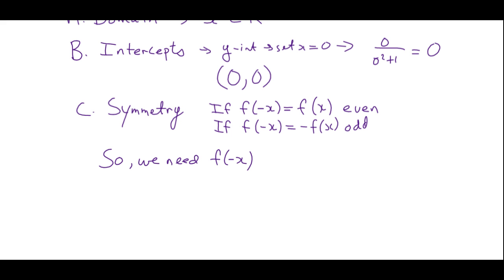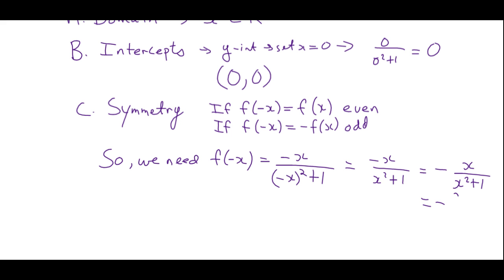Okay, so f of negative x is negative x over negative x quantity squared plus 1. Right, so all we're doing is substituting negative x in everywhere we see x. And that's negative x. Negative x quantity squared is just x squared. And that's the negative of x over x squared plus 1, which is negative f of x. So we have odd symmetry, right?